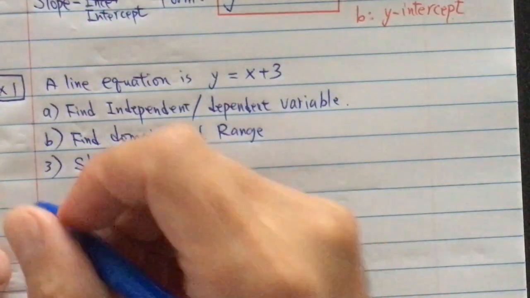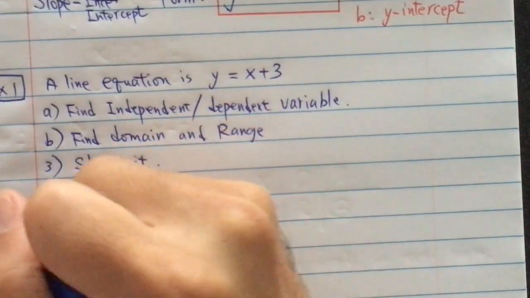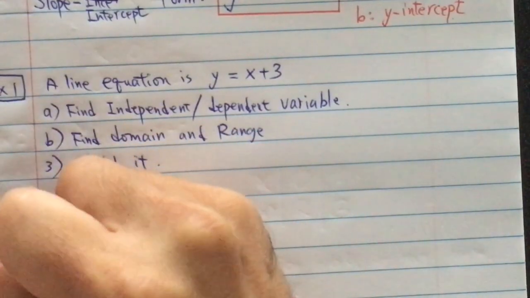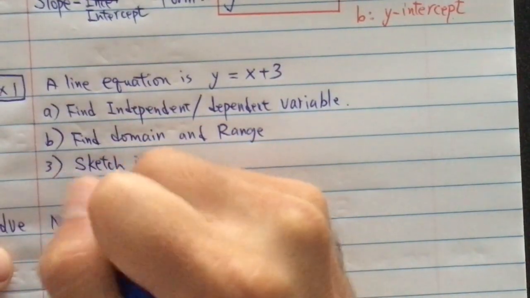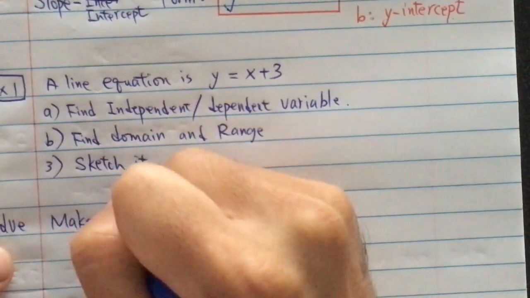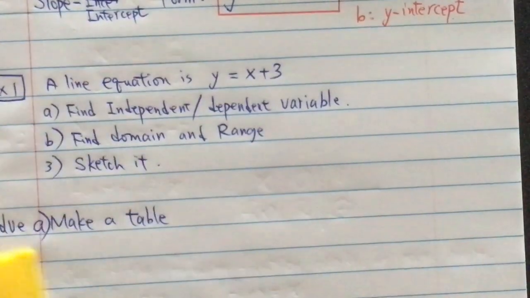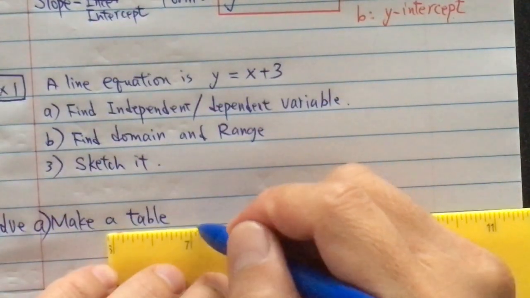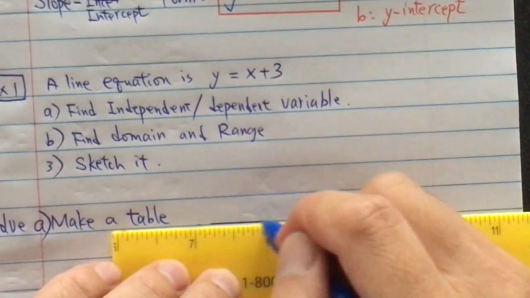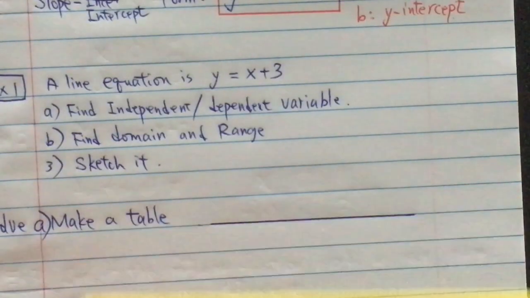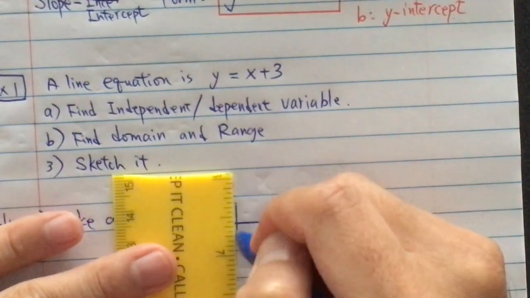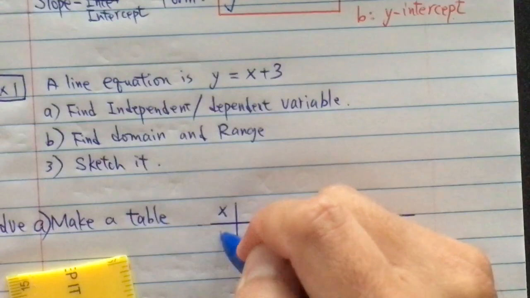Let's make a table. Use a ruler and make a table with x and y here.